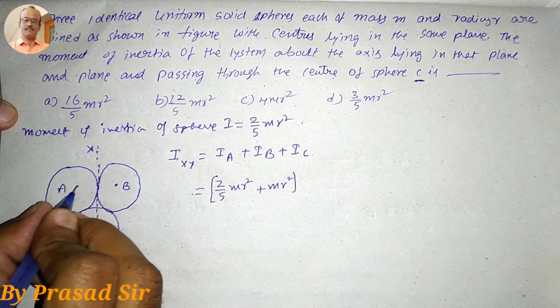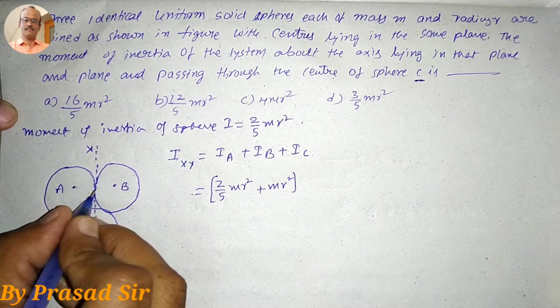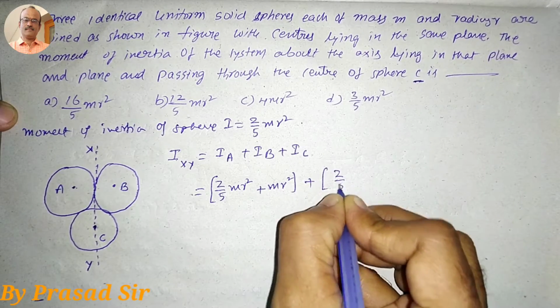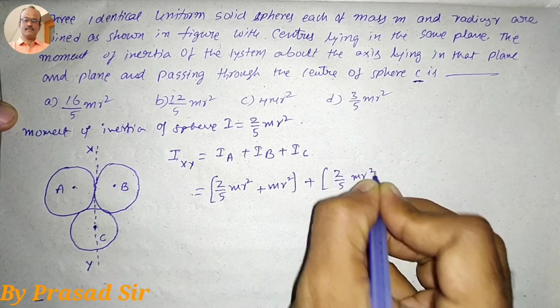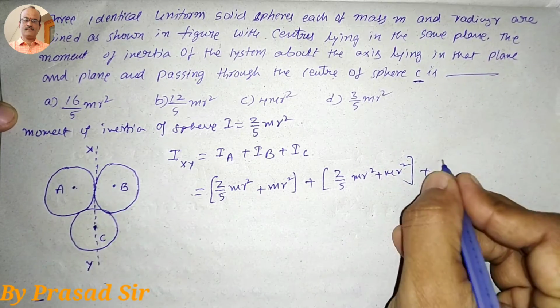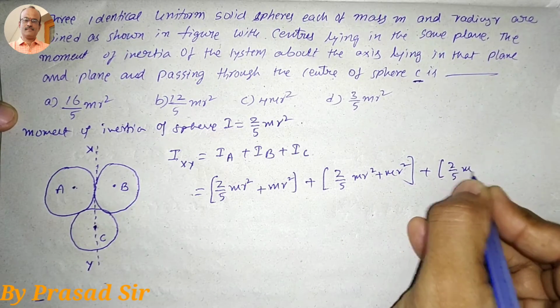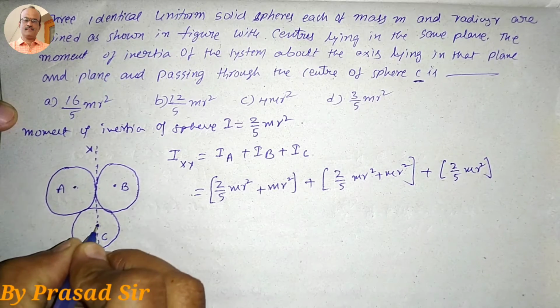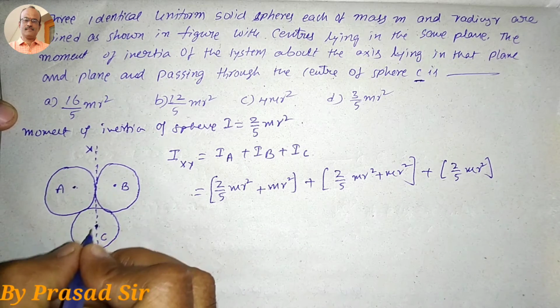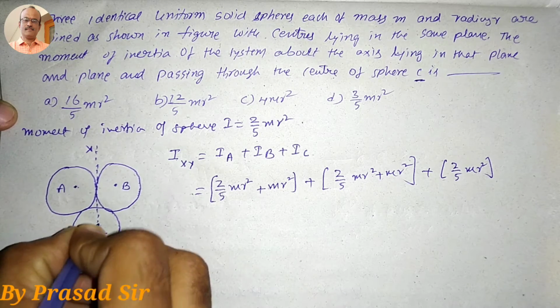That means 2 by 5 mr square about the center, and the distance is r square. Then for B, 2 by 5 mr square plus mr square for B also. For C, that is only 2 by 5 mr square. Why? Because the axis passes through the center, so there is no perpendicular distance.